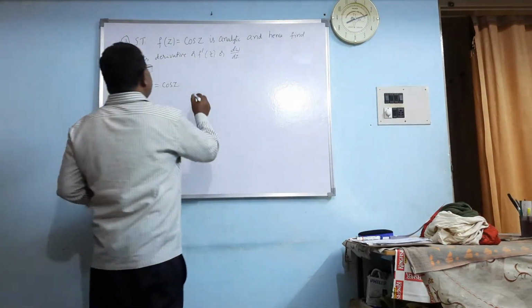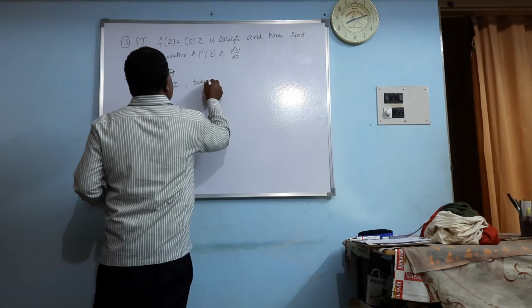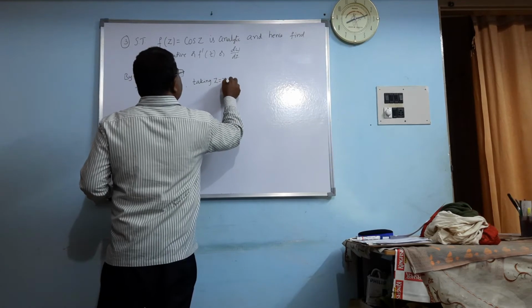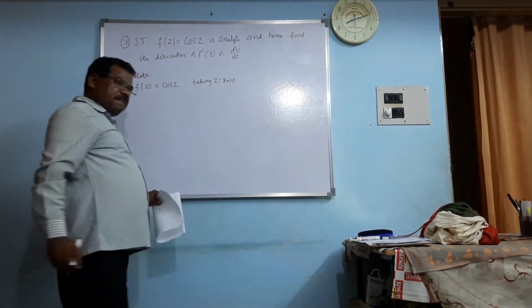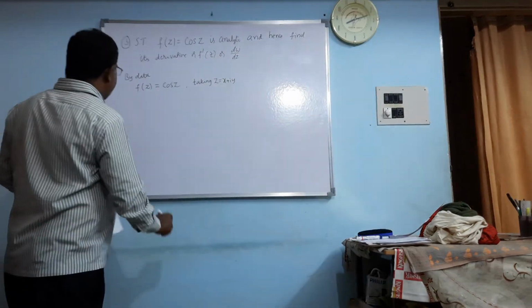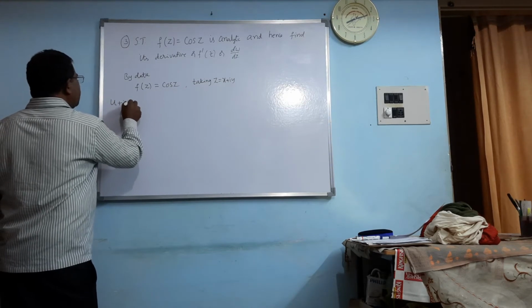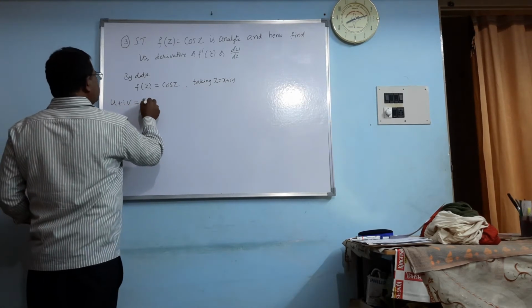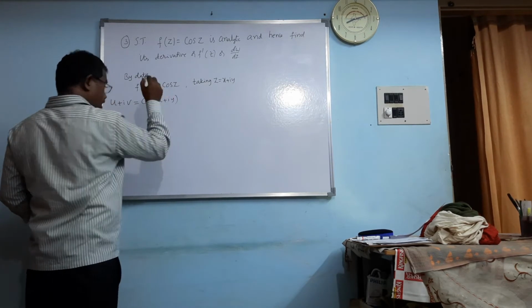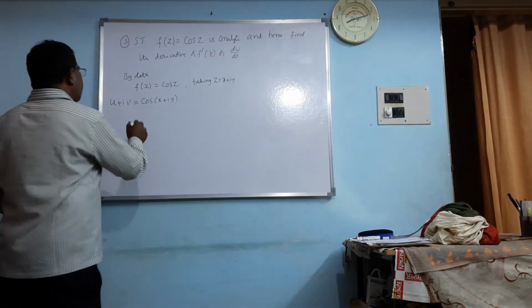In this problem, taking z equals x plus iy. Here f of z equals u plus iv, cos of x plus iy.